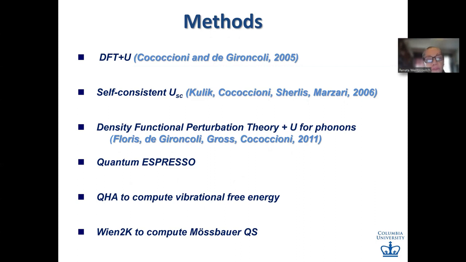Density functional theory, of course, we use DFT plus U, and DFPT plus U to calculate phonon frequencies now. That's not what we did earlier. And we use the quasi-harmonic approximation to understand vibrational free energy, and WIEN2k to calculate Mössbauer quadrupole splittings.